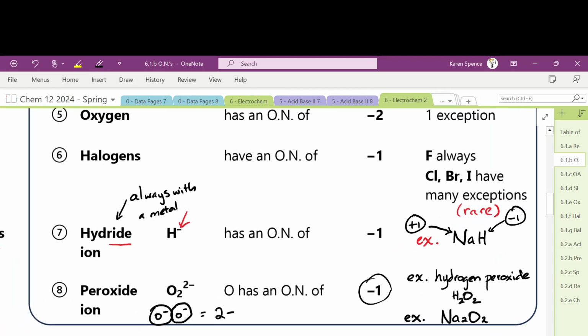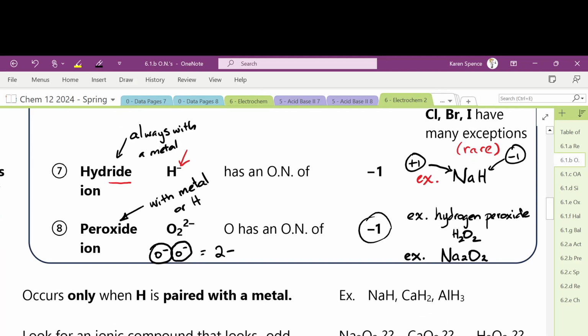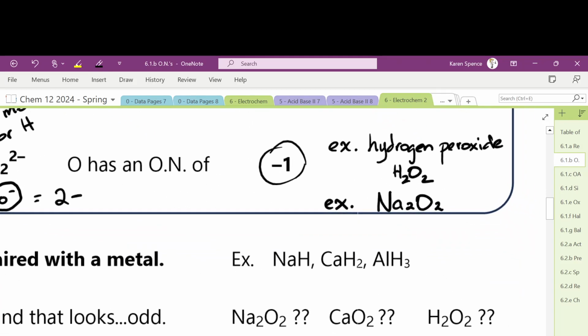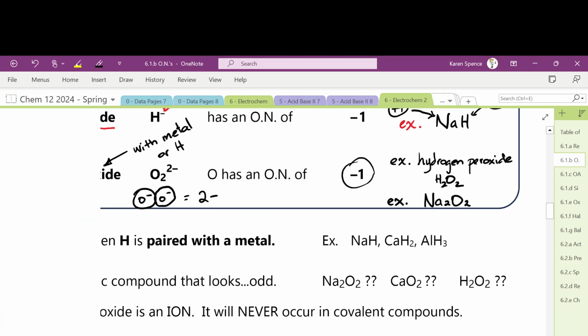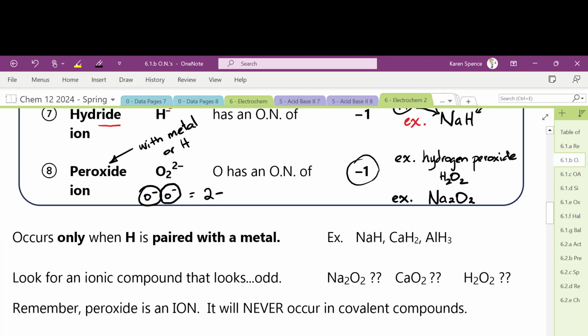These are with a metal or H. And you have to look and say, is it normal oxygen or is it that O2 peroxide? The ionic compounds that look strange, Na2O2, what's up with that? CaO2, what's up with that? H2O2. Peroxide is an ion. It will never occur in covalent compounds.